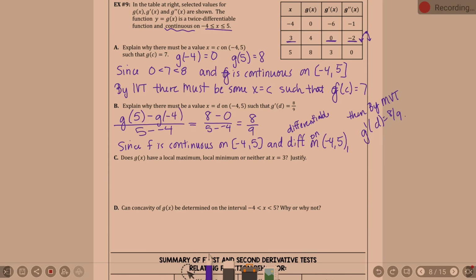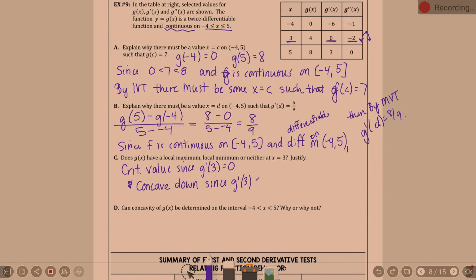Okay? So, I'm going to say it's a critical value, and I'm trying to shorthand, since g prime of 3 equals 0. And then, concave down, since g double prime of 3 is negative, less than 0.